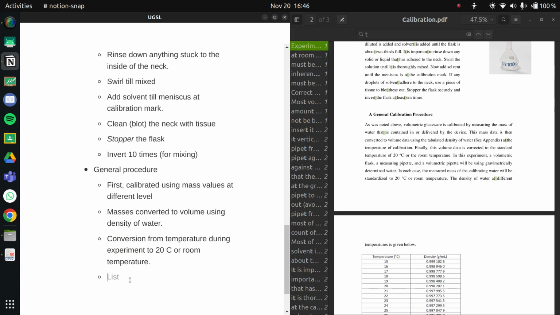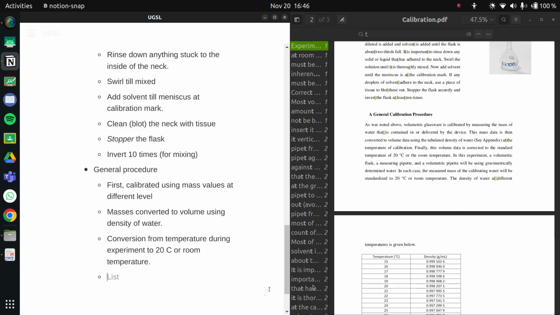That happens. Okay, then in this experiment a volumetric flask, a measuring pipette and a volumetric pipette will be used, using gravimetrically determined water. In each case the measured mass of the calibrating water will be standardized to 20 degrees Celsius at room temperature. Okay, so once again they are giving us instructions.